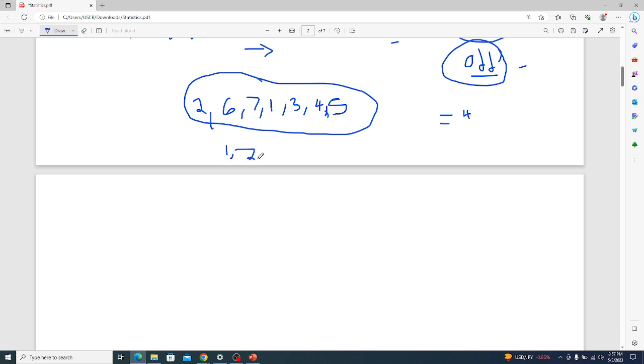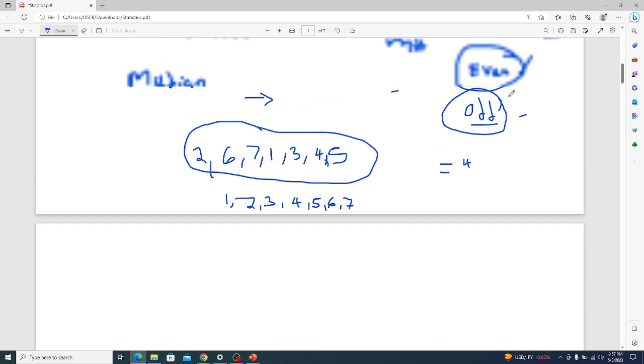So we have 1, 2, 3, 4, 5, 6, 7. We have an odd count, that is, 7 is odd.